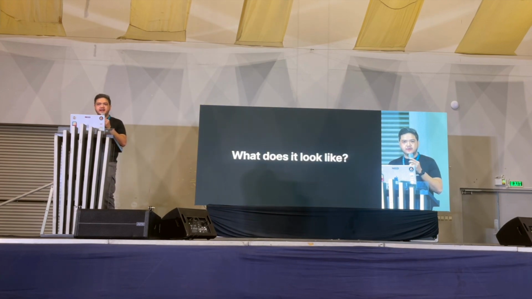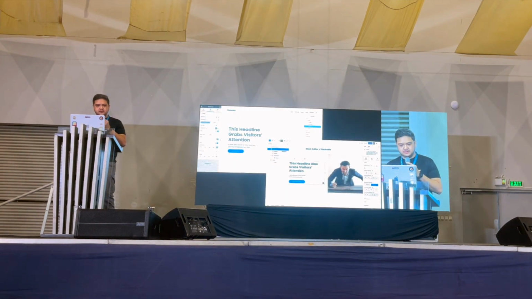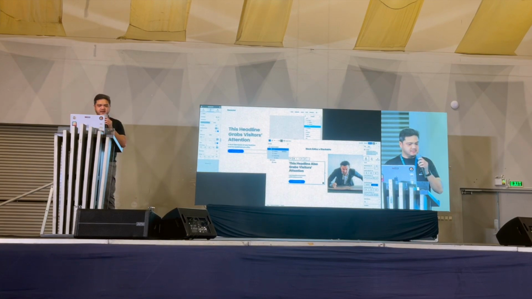So what does it look like if you're editing your pages using blocks? This is just a brief overview. You have two images here. On the top left is your page builder, and on the bottom right is your block editor. It's basically the same, except it's flipped over.